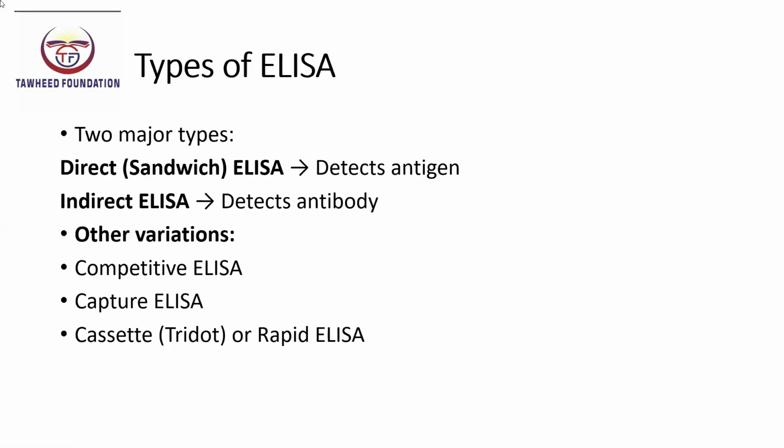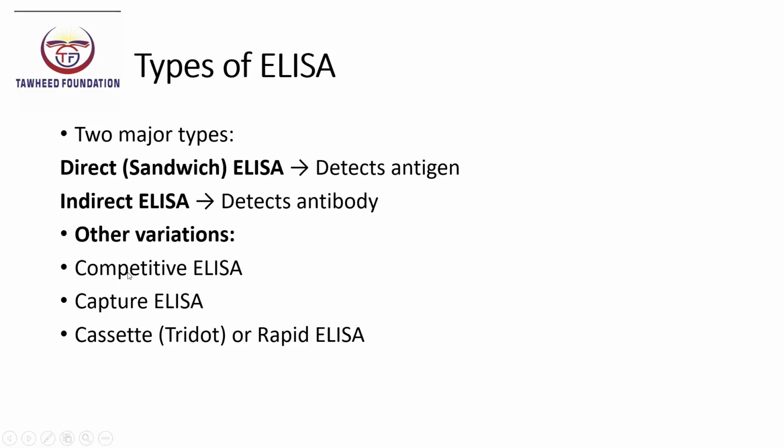Types of ELISA. ELISA has several formats, that is direct, sandwich ELISA, indirect ELISA. Direct ELISA detects antigen using antibody-coated wells. Indirect ELISA detects antibody using antigen-coated wells.